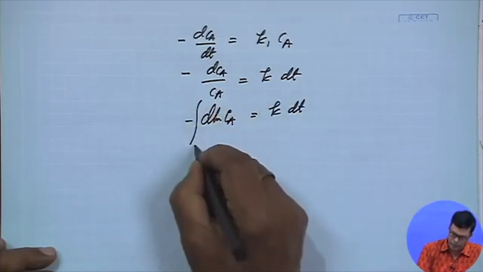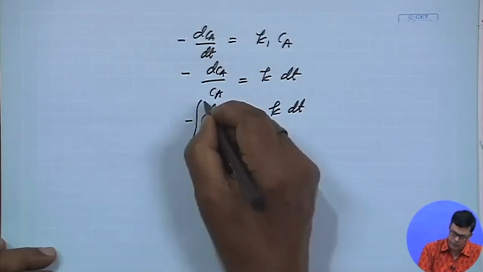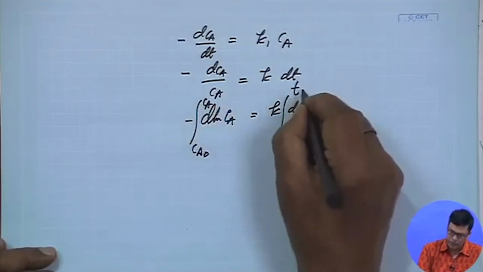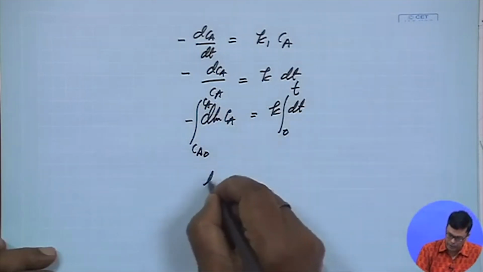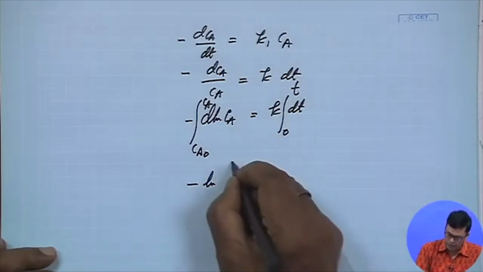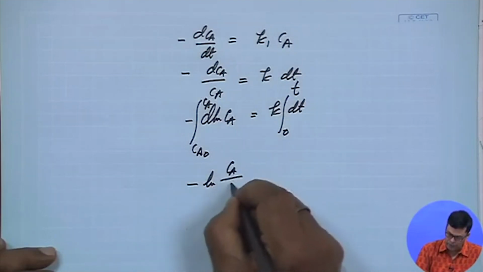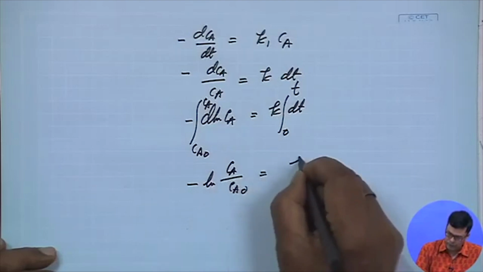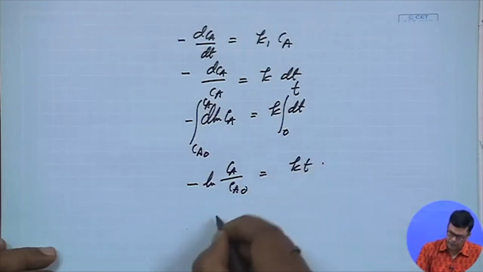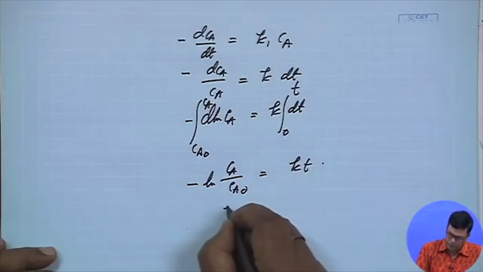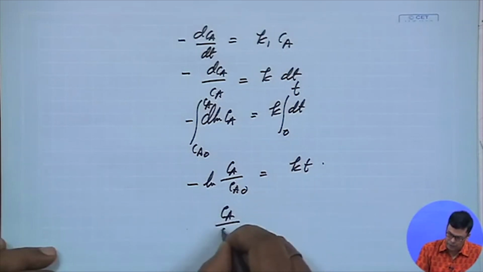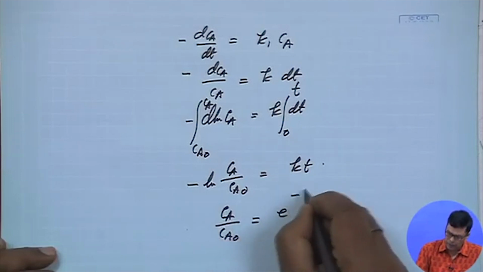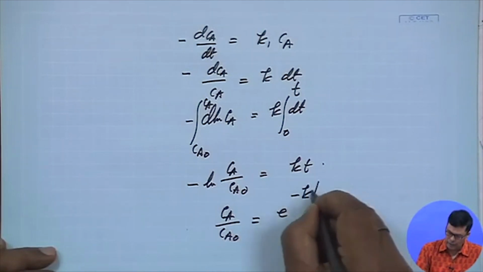So integrating, Ca0 to Ca, and 0 to T. K is constant. So we can write ln of Ca by Ca0 equals minus K into T. So Ca by Ca0 will be e to the power minus Kt.